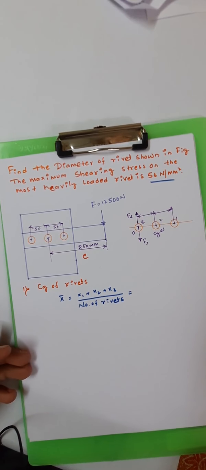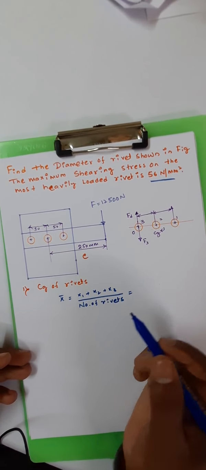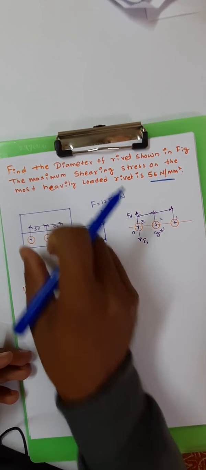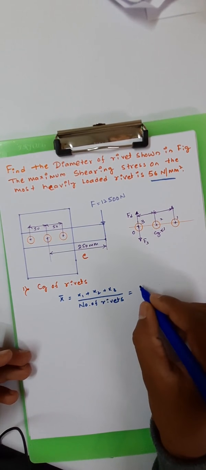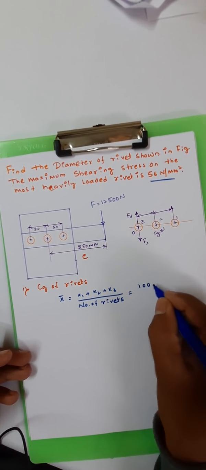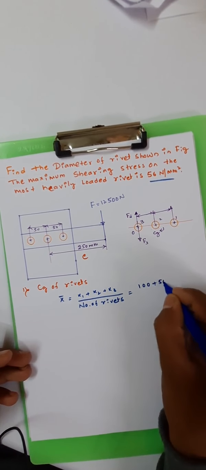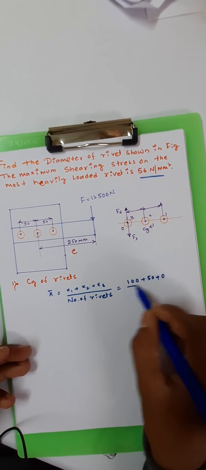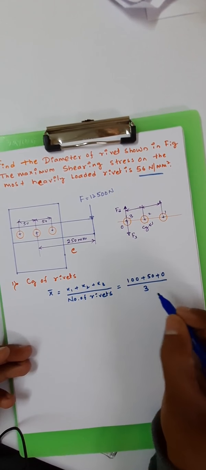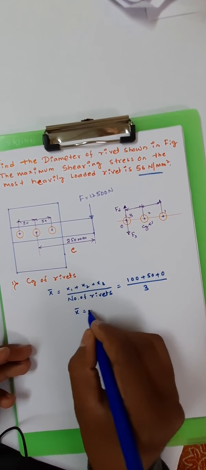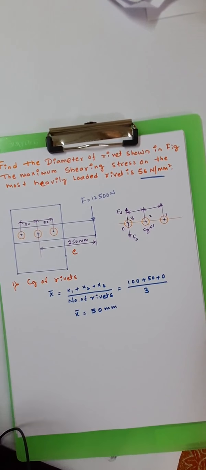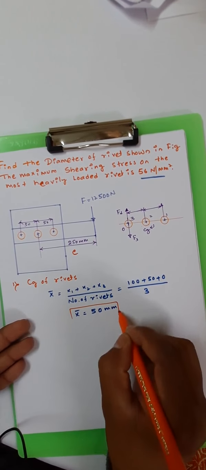So x1 is 50 plus 50, which is 100, plus x2 is equal to 50, plus x3 is equal to 0, divided by the number of rivets, 3. If you simplify that, X bar is equal to 150 divided by 3, which is 50 mm.